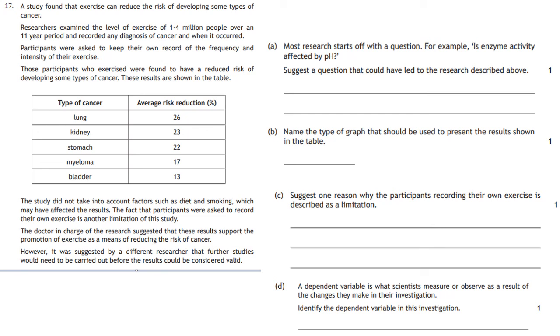Okay, so what I have here is the type of cancer. I've got lung, kidney, stomach, myeloma, bladder, and I've got this average risk of reduction. Down here, it says the study did not take into account factors such as diet and smoking, and these may have affected the results. The fact that participants were asked to record their own exercise is another limitation of this study.